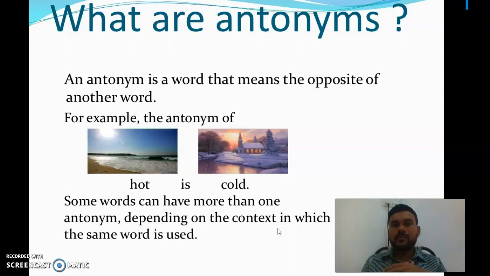An antonym is a word that means the opposite of another word. For example, hot is the antonym of cold. Some words can have more than one antonym, or some words may not have any antonyms too, depending on the context in which the words are actually used.